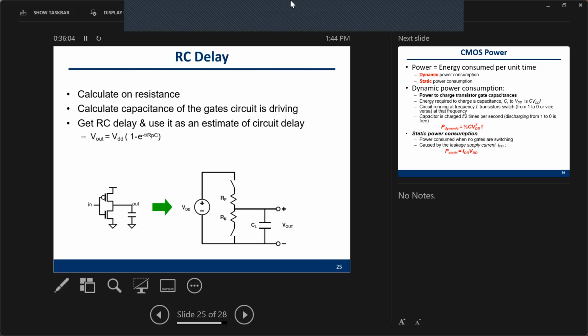So in this example, this NOT gate is actually equivalent to this one, because the PMOS will have a resistance and the NMOS will have a resistance. And both of them will have a capacitance.